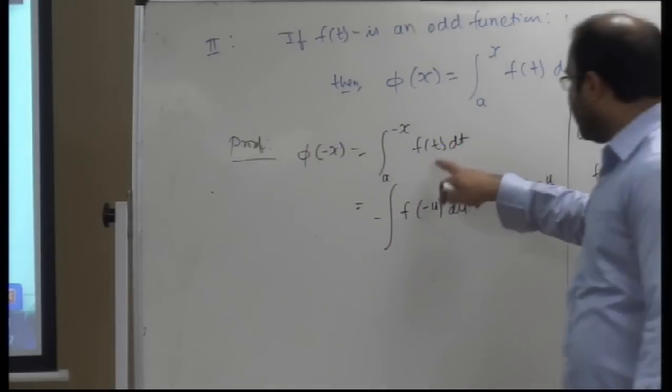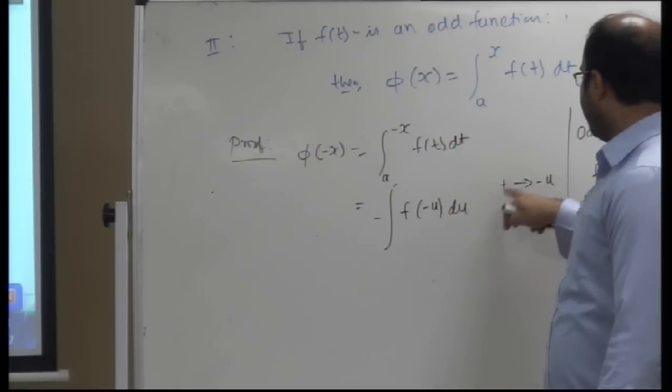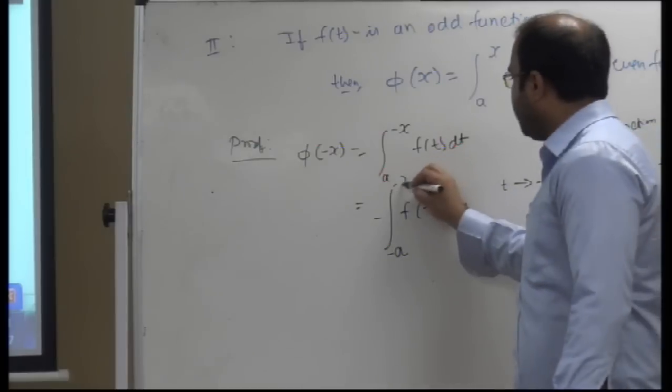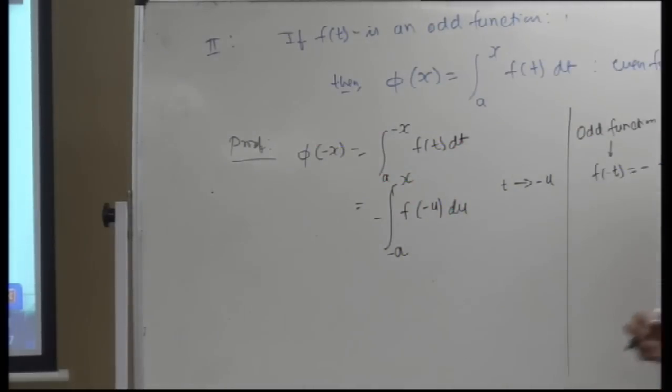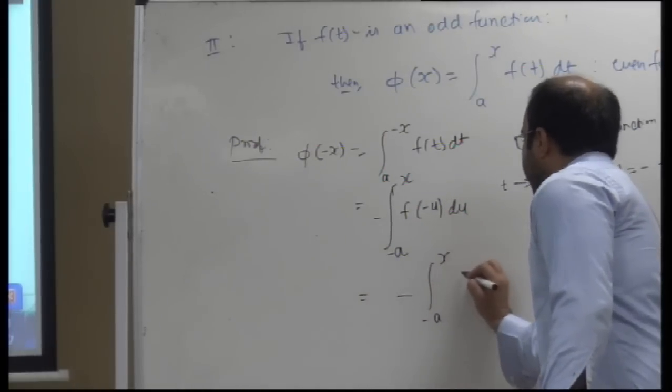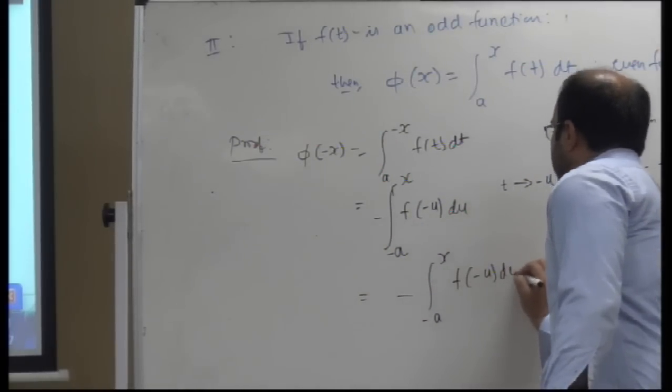When the limit t is a, what would be the limit of u? Minus a, and this -x would become x. I hope it is clear to everyone. This would become minus the integral from -a to x of f(-u) du.